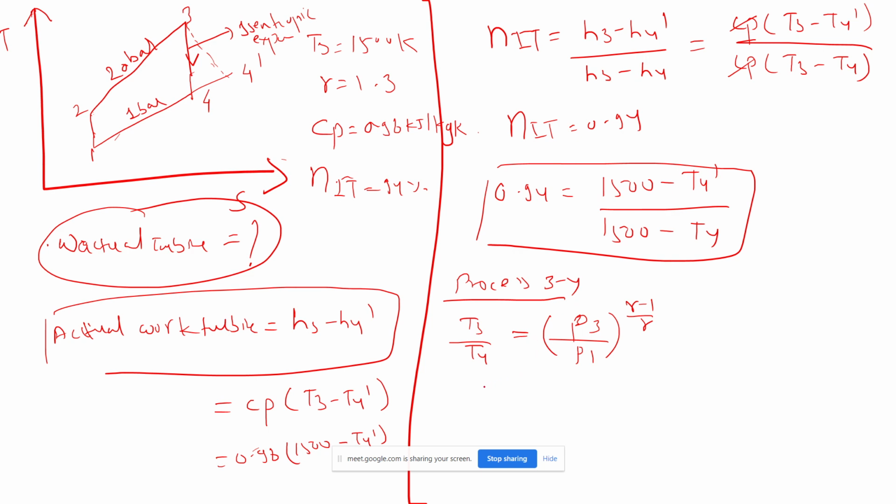Previously we discussed P2 is equal to P3, and here P4 is equal to P1.